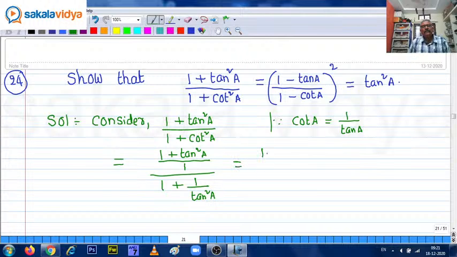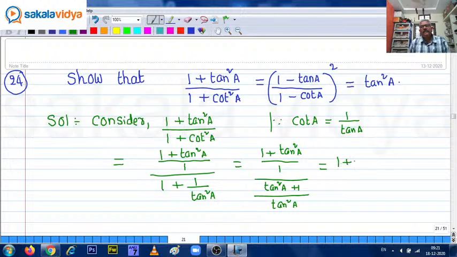So equals to 1 plus tan square A upon 1 plus 1 upon tan square A. Here LCM is tan square A, so tan square A plus 1 upon tan square A. So this we can write 1 plus tan square A upon 1 multiplied by reciprocal of the denominator, that is tan square A upon tan square A plus 1 or 1 plus tan square A, both are same.